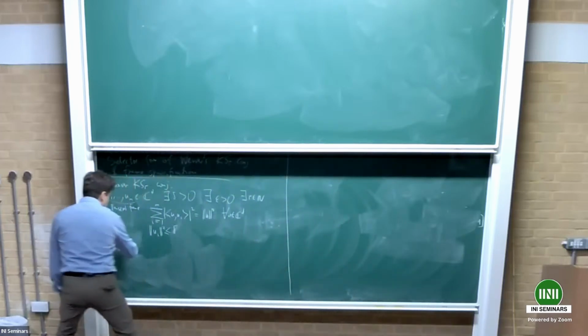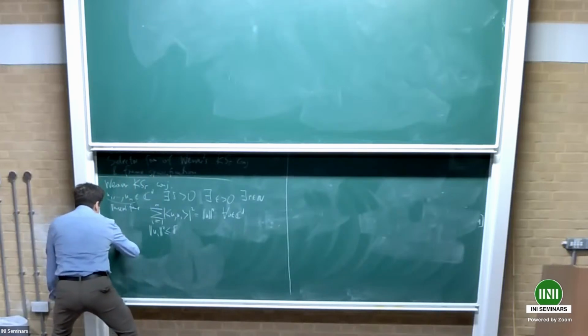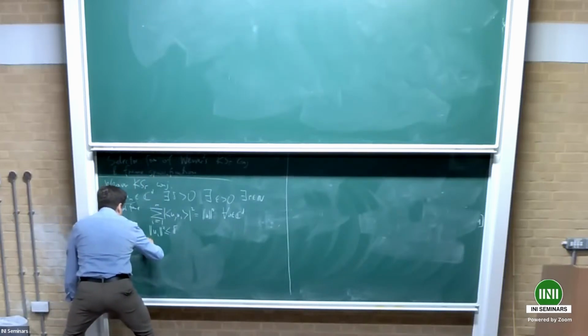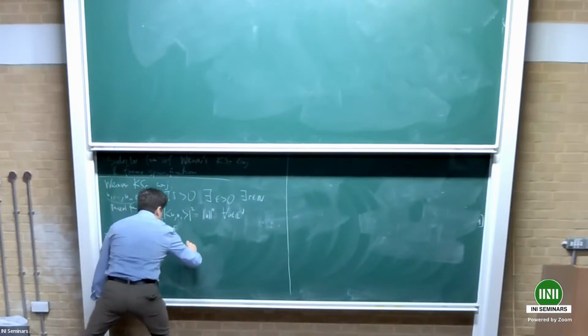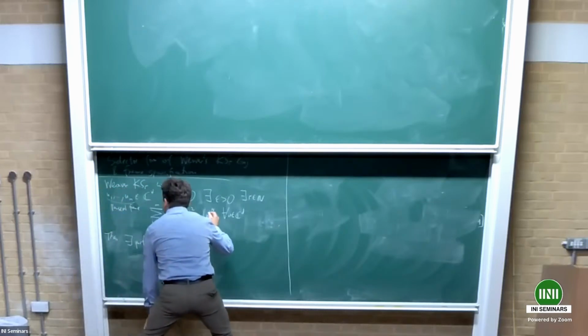So what is the conclusion? Then there exists a partition I_1, ..., I_R of our index set, in this case 1 up to M.